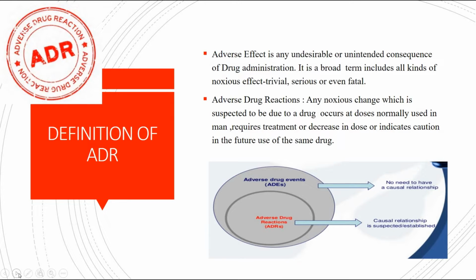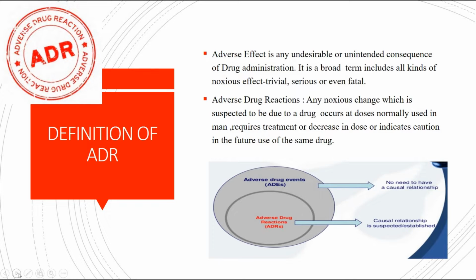Now, what is an adverse drug reaction? This was the adverse effect. Now, the ADR is defined as any noxious change which is suspected to be due to a drug, occurs at doses normally used in man, requires a treatment or decrease in dose, or indicates a caution in the future use of the same drug.